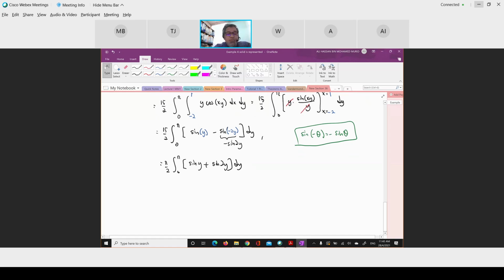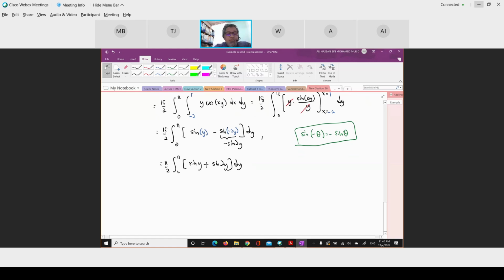R is a domain in the xy plane. Imagine if I shine a light on this solid G from above, then there's a shadow underneath, right?